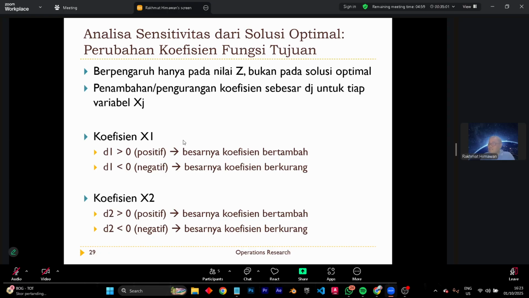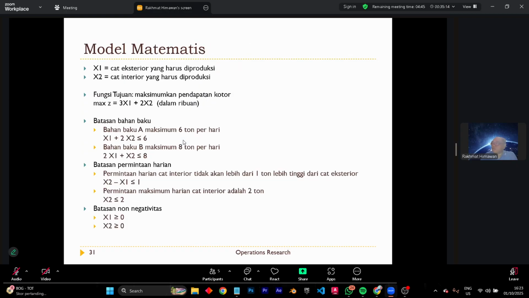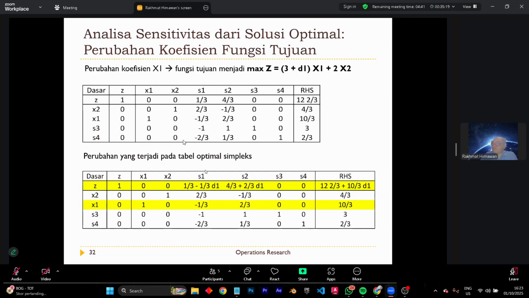Previously it was capital D, now it's small d for the coefficient of the objective function. So we're going back to the same paint example. Now we put d based on the final optimal solution. The d should go in the first line because it's related to the coefficient of the objective function. Previously it was 1/3 and 4/3, and Z is 12 2/3.